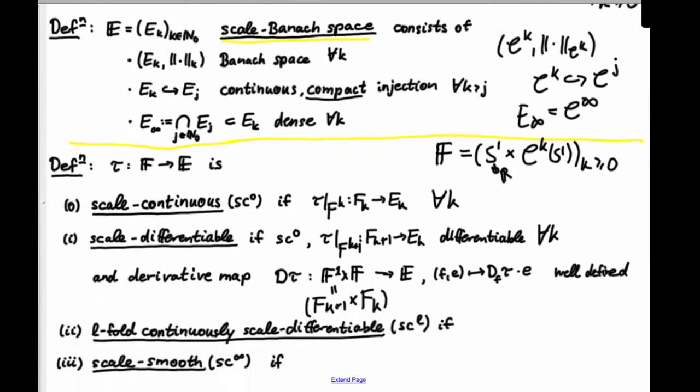And now that I have a derivative map, I'm just going to say that something is continuously differentiable if it is scale continuous, scale differentiable, and its hence defined derivative map is scale continuous.